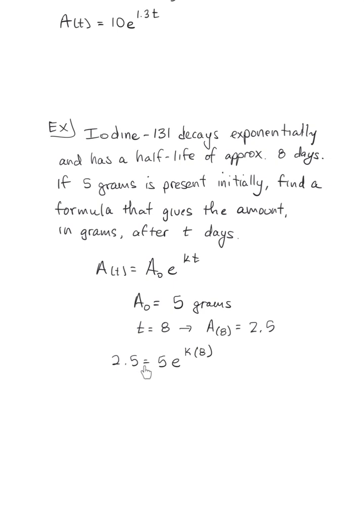So every variable has been filled in except for k, the relative decay rate. So we solve this one exactly like we did the last example. K as a variable is in an exponent, can't be solved unless we can cancel the base using a natural log. So we're going to divide by 5 on both sides.